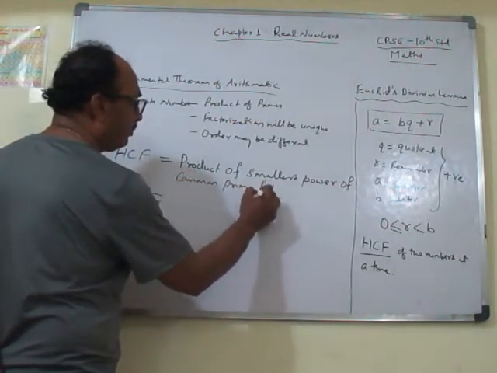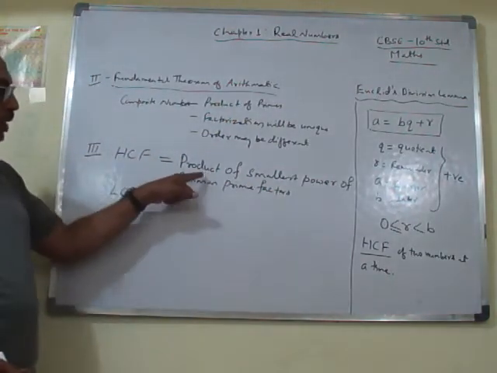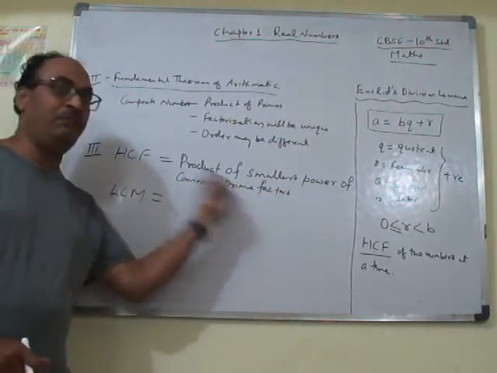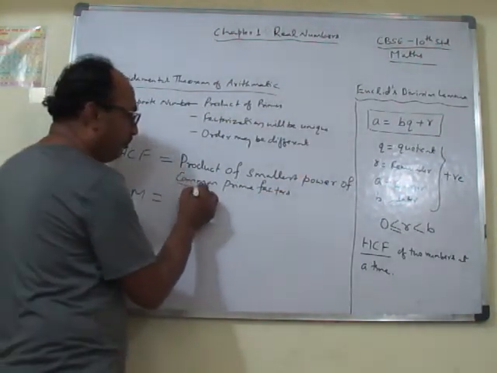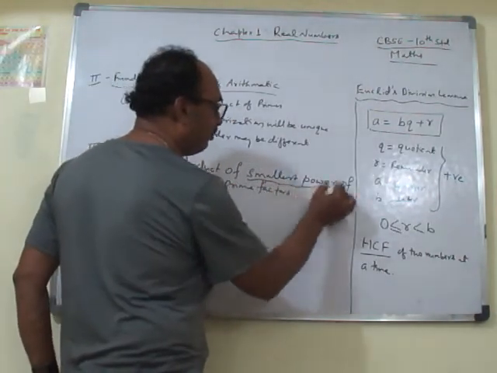Very important for HCF: product of the smallest power of common prime factors. So common, and then the smallest power.